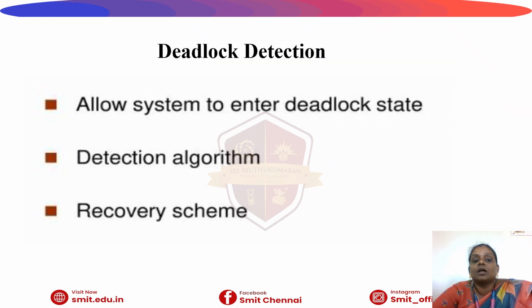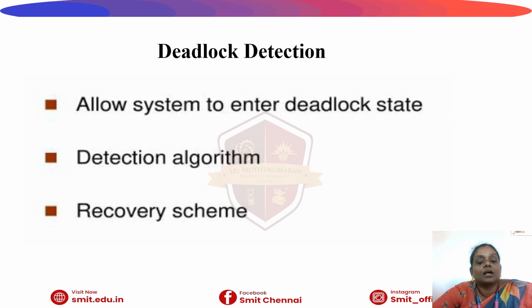Deadlock detection is nothing but allowing the system to enter a deadlock state, with a detection algorithm and a recovery scheme. A deadlock occurs when processes wait forever. There are four conditions that cause deadlock: mutual exclusion, hold and wait, circular wait, and no preemption.